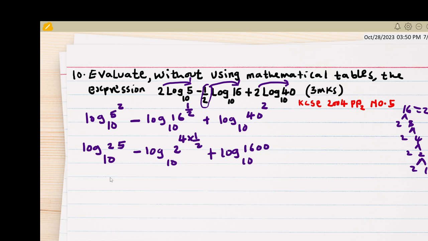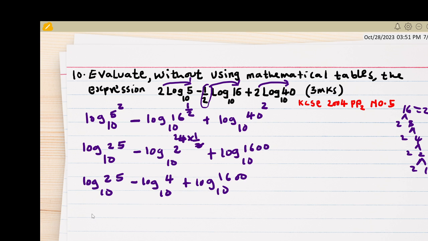So this will be the log to base 10 of 25, then minus the log to base 10 of 2, where 2 times the half gives me 2 to the power of 2, which will be 4, then plus the log to base 10 of 1600.